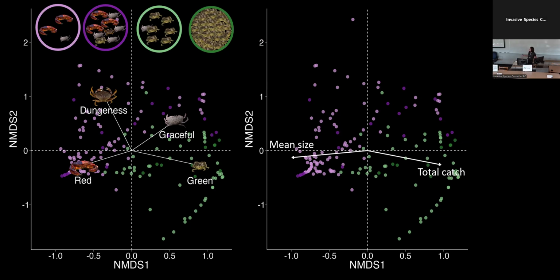And our total catch arrow over here is pointing the same direction as this green crab arrow, which tells us that communities that got a lot of their excretion from green crabs tended to have more crabs on average. And so this again illustrates this trade-off between more abundant crabs and larger crabs.